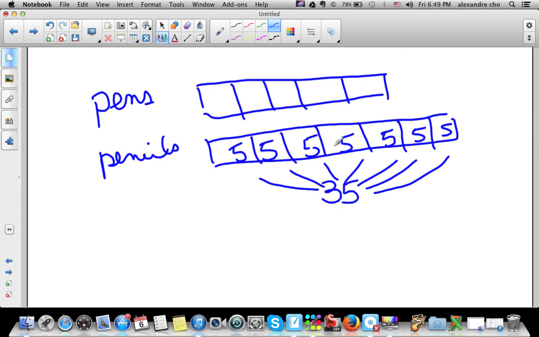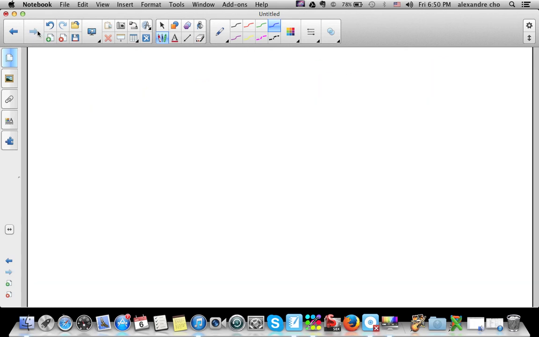And that gives you a total of 35. Remember, the beautiful part, or the easy part, in the tape diagram is that if you find one number, all of them share that number. So when you have 35 pencils, you end up having 5, 10, 15, 20, 25 pens. That's our answer. Okay. 17. I need 2 more questions.